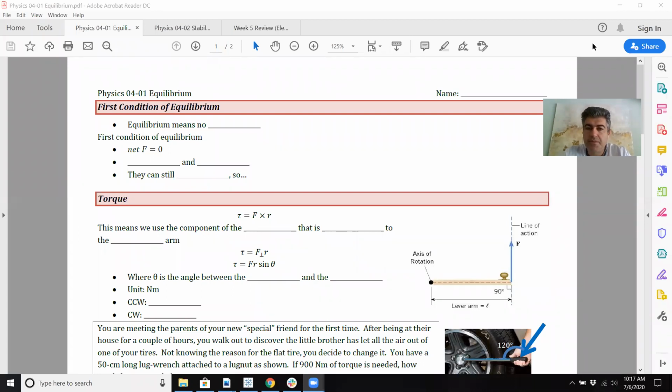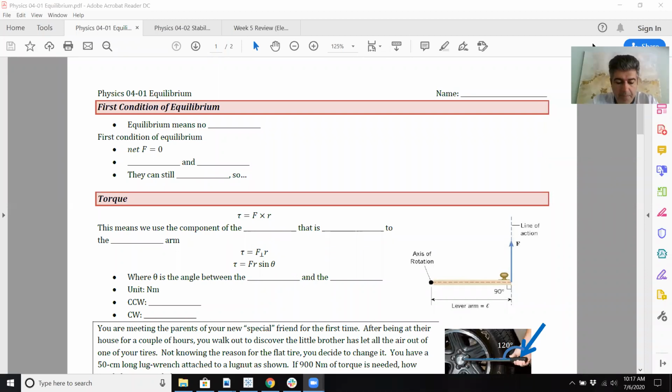4-1 is titled Equilibrium, and I'll explain what that means in just a little bit. But equilibrium means there's no acceleration. So when a system's in equilibrium, there's no acceleration. That means your net force is going to be 0, because remember what force is: force is ma.